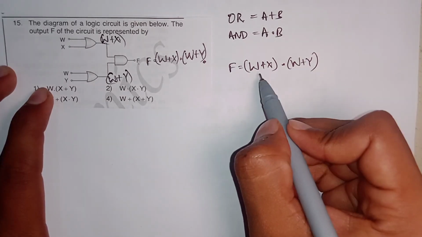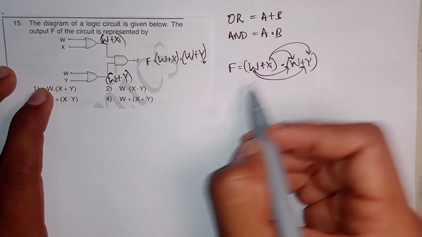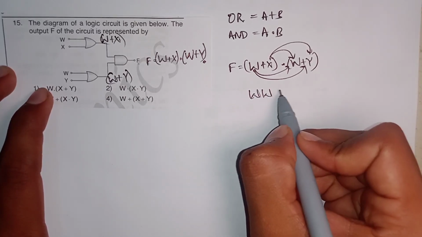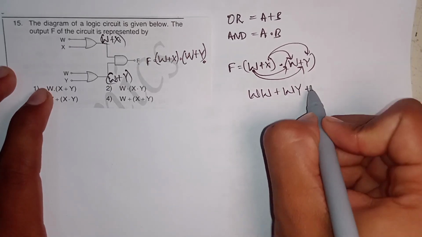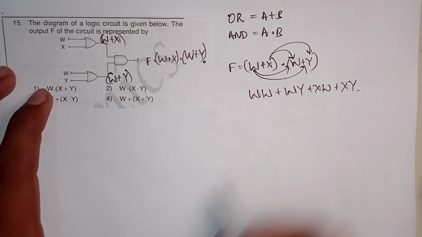Using the cross multiplication method, we multiply this with this and again with this and this. So we will be getting W dot W plus W dot Y plus X W plus X into Y.